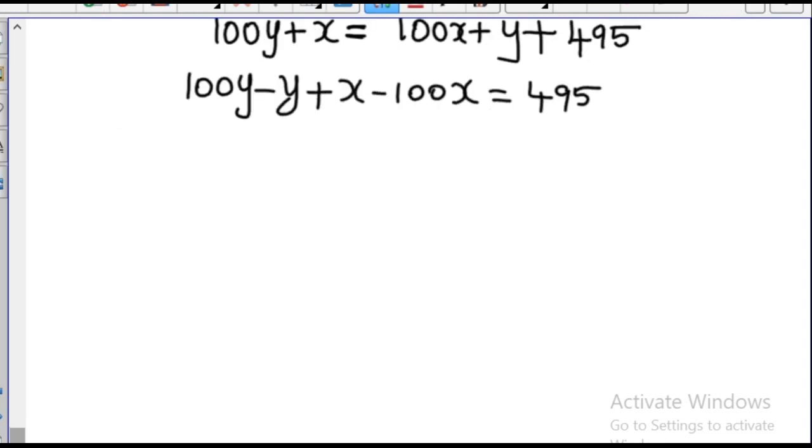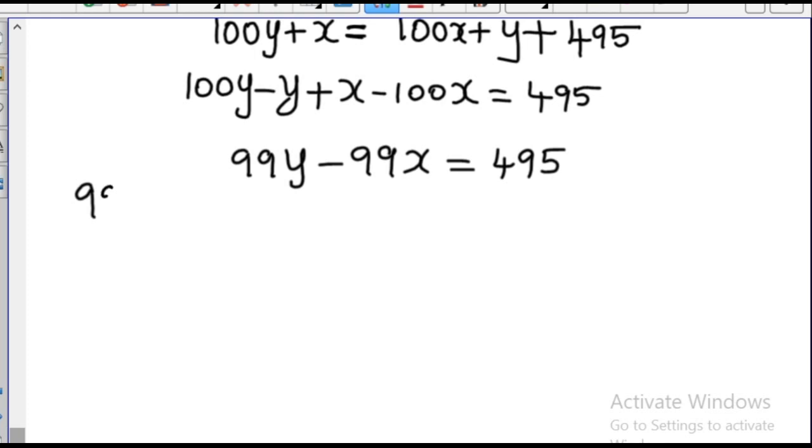So 100y minus y gives 99y, then minus 99x is equal to 495. Each number is a multiple of 99, so you can divide by 99. So what do you get? y minus x is equal to 495 divided by 99, which is 5.